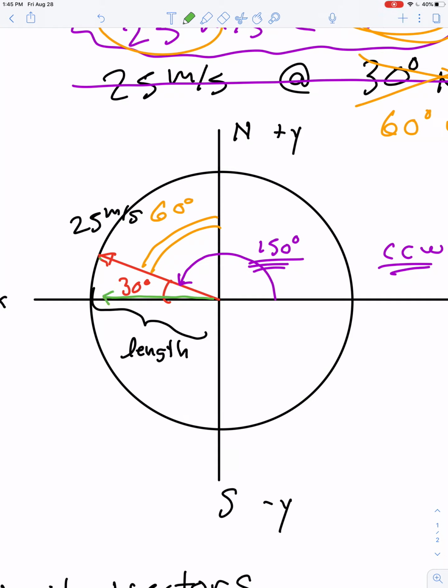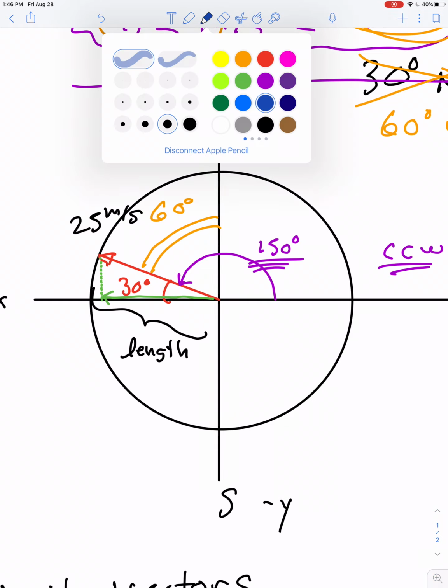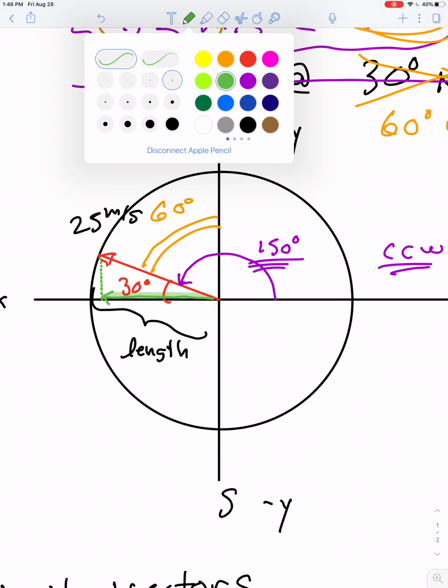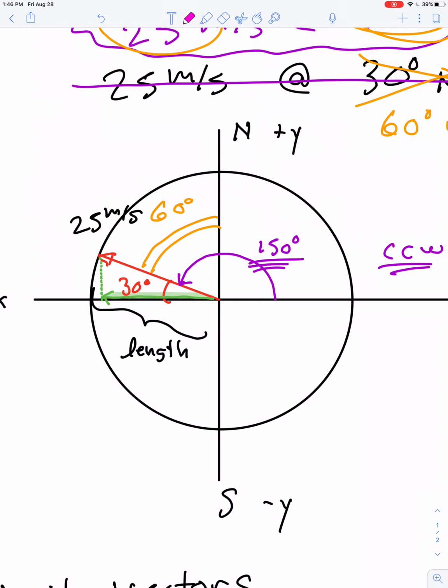If I drop a line straight down to the x-axis, then it's as if there's a shadow of the vector lying along the x-axis. And likewise, we could project a shadow onto the y-axis.